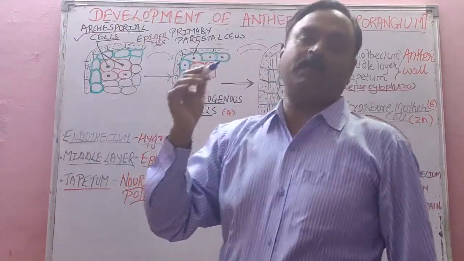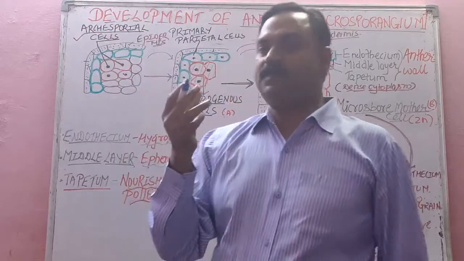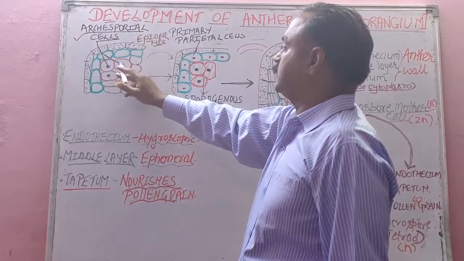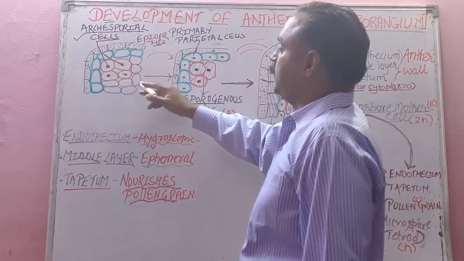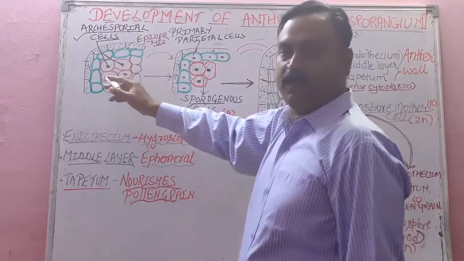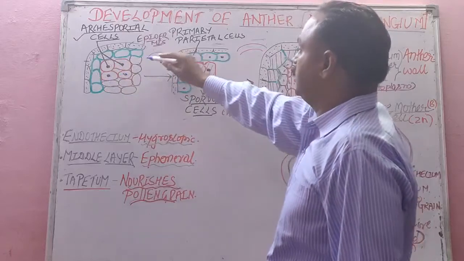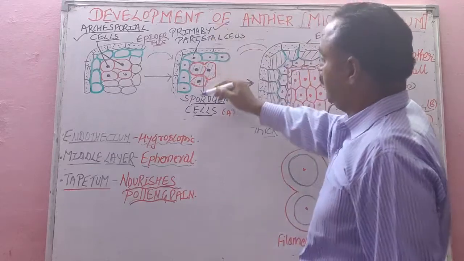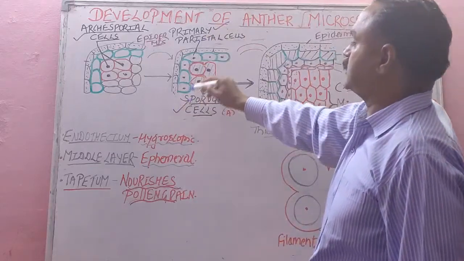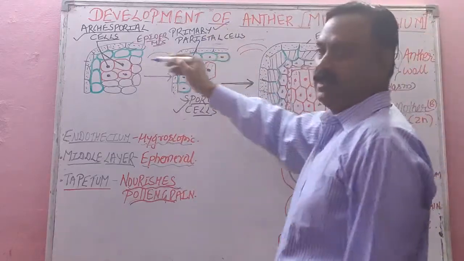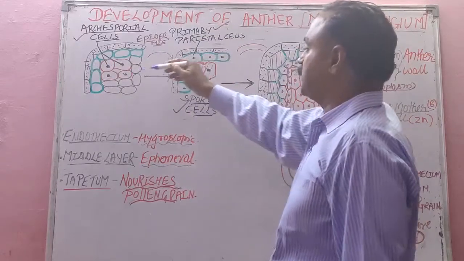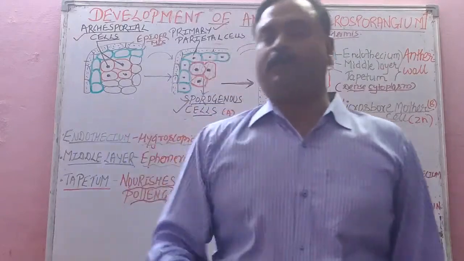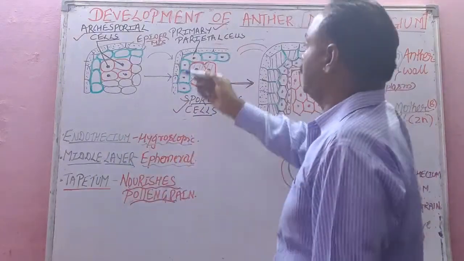Isn't it? Student, remember the development of megasporangium. And then ultimately these archisporial cells, which are differentiated, get different from the other cells in the hypodermis. They divide to form outer primary parietal cell and inner sporogenous cells. This much story is same. These two steps in the beginning are same as megasporangium's development, isn't it? Now what happens?